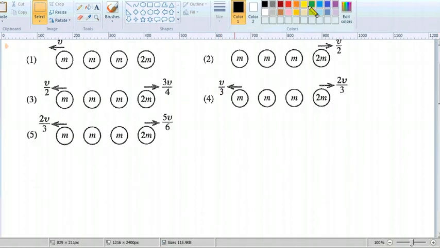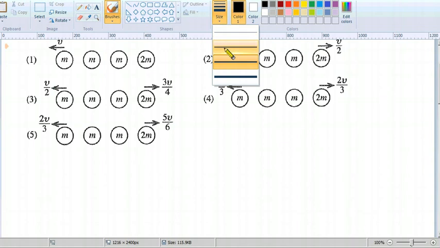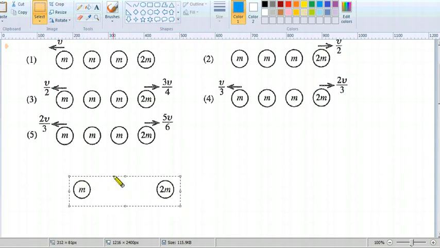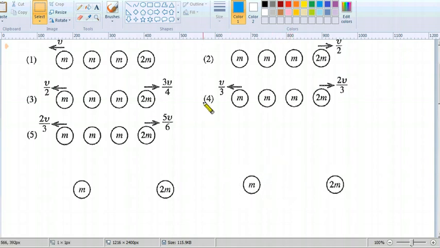So now let us do the calculation for the collision that happens between these two. This is what we really do in the real-time examination. So these two balls, let's copy like this, whose masses are m and 2m.